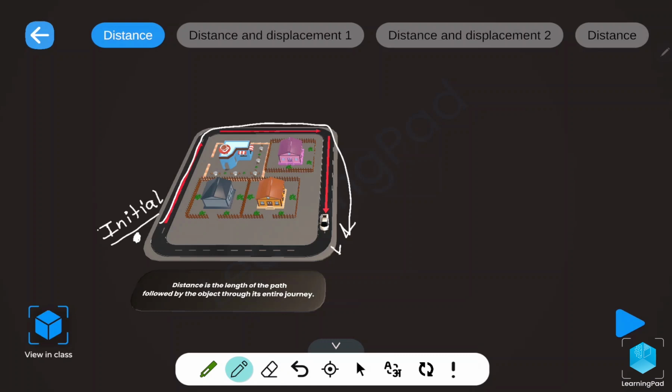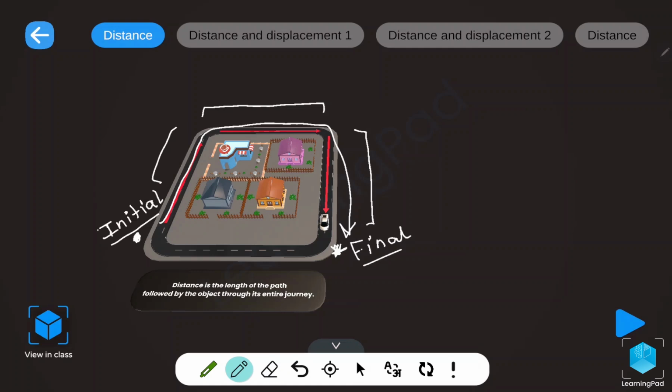So it is the sum of this length, and also this length. Got it? Alright, let me erase the marks that I have made earlier, so that it will be properly visible.